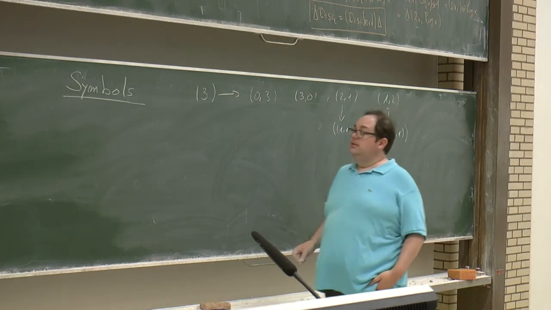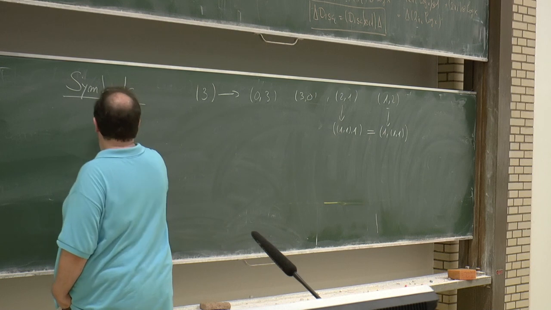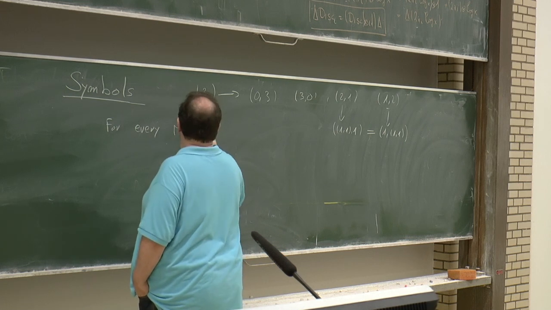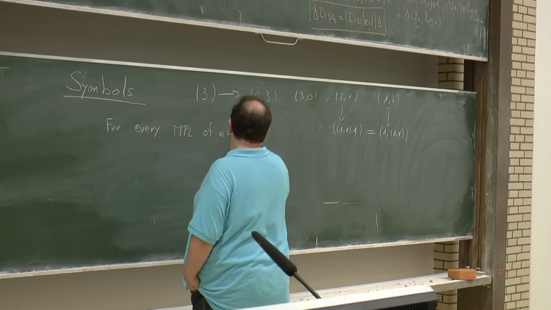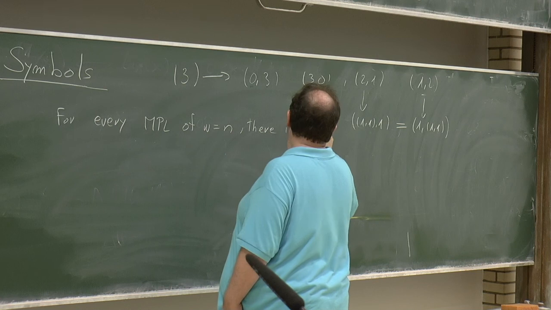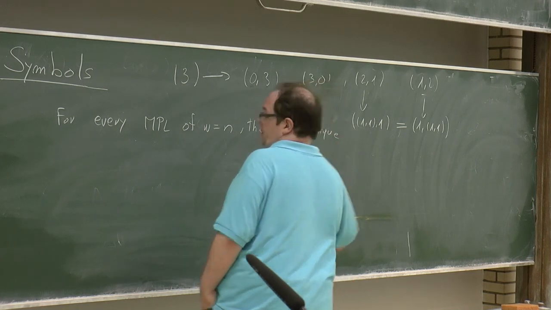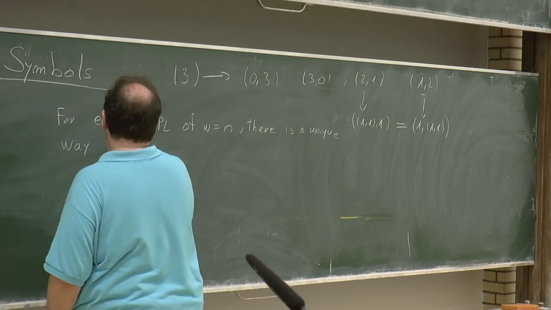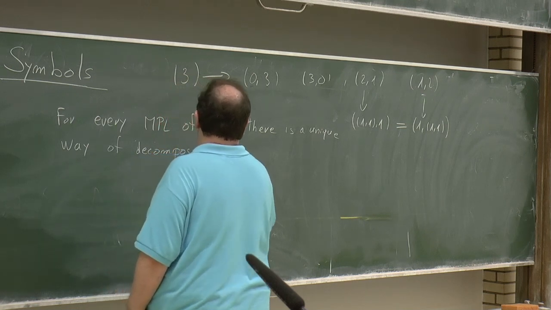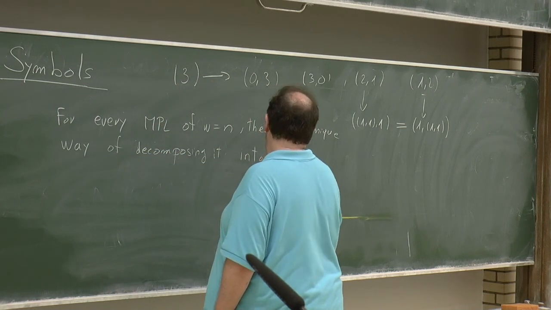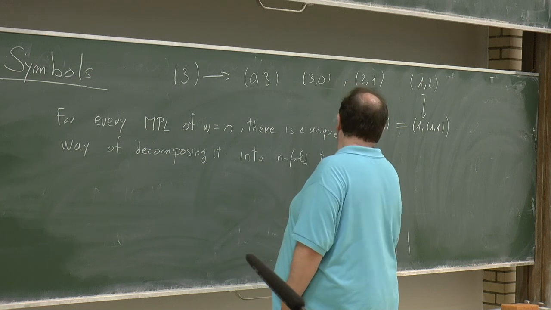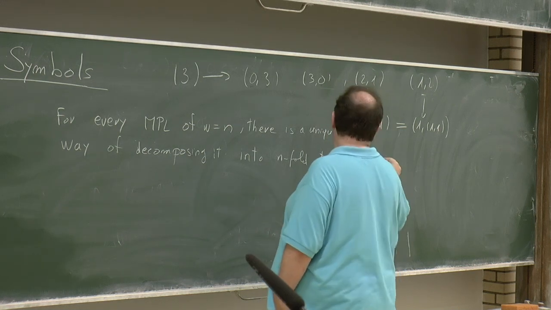So that tells me that for every MPL of weight n, there is a unique way of decomposing it into an n-fold tensor of objects of weight 1, meaning logarithms.